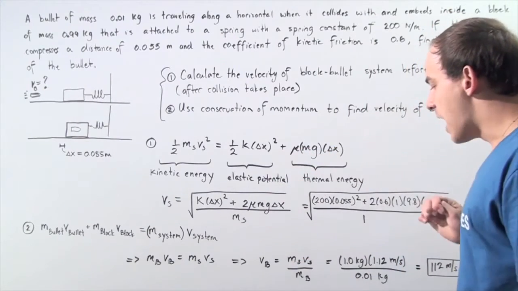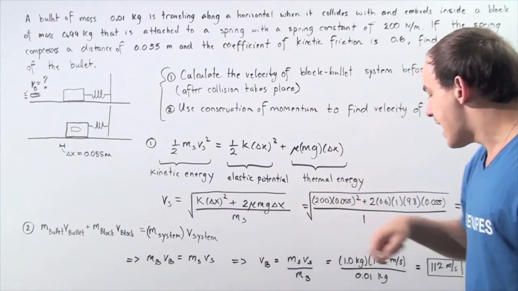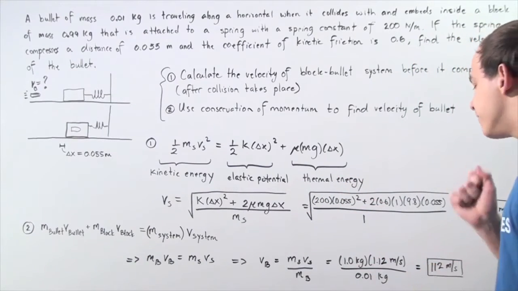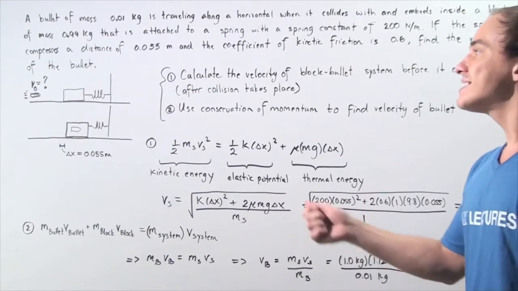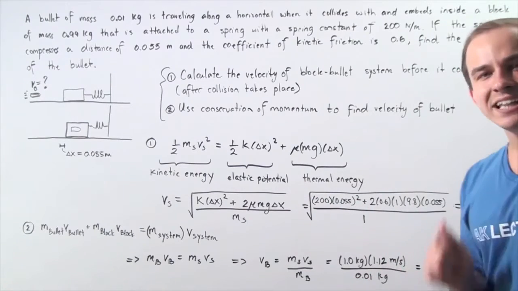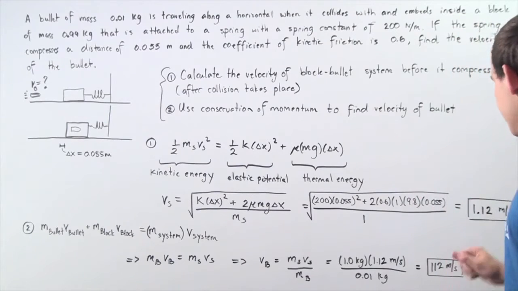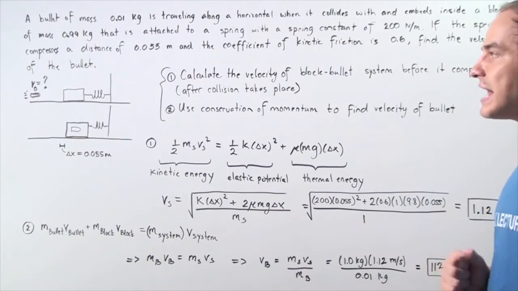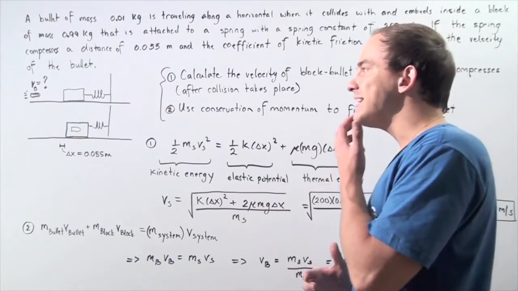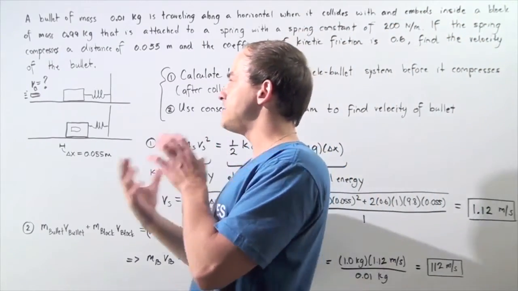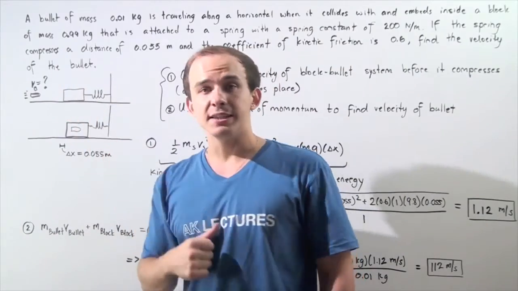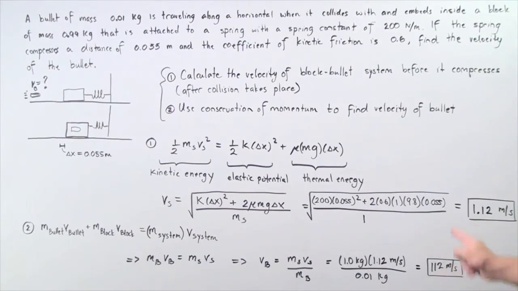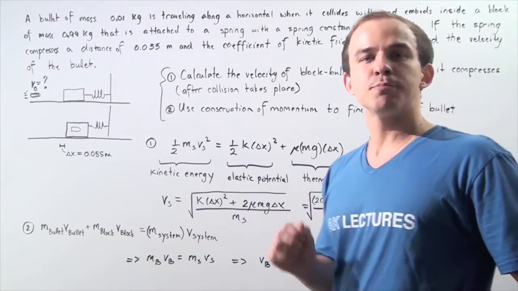So we multiply ms times vs, 1 kilogram and 1.12 meters per second, and divide that by the mass of the bullet, 0.01 kilograms, and we get a velocity of 112 meters per second. So that means before our completely inelastic collision takes place between the block and the bullet, the bullet is traveling with a velocity of 112 meters per second.